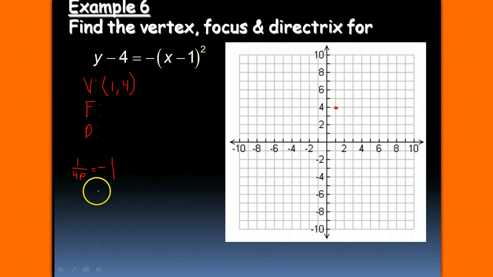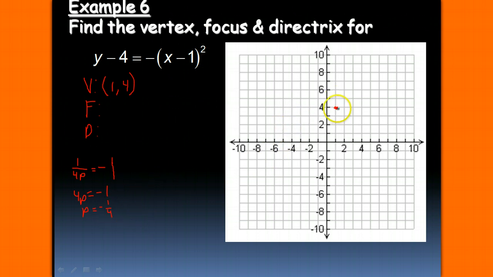So we know that the denominator for P has got to equal negative 1. So by just doing a little algebra, we're going to have P equals negative 1/4. Okay, so because P is negative, we know that this has to be a down-facing parabola, a down-opening parabola.